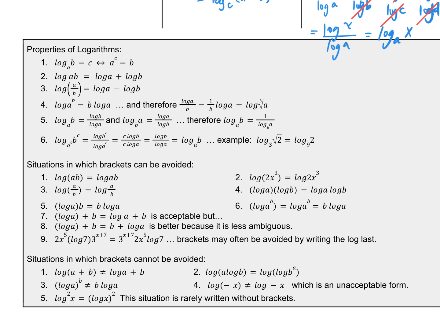Or here, log A, log B, it's implied that there's multiplication. Or log A, we have brackets here, times B, which you'll notice is different from this here. To avoid confusion here, so that you don't need brackets, if you put the B out in front, then problem solved. Okay, and then this is equivalent to this because of the log law that we do know.